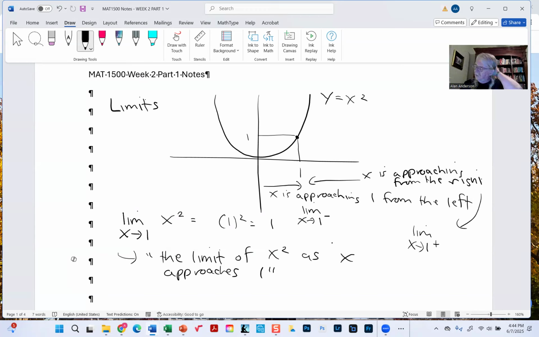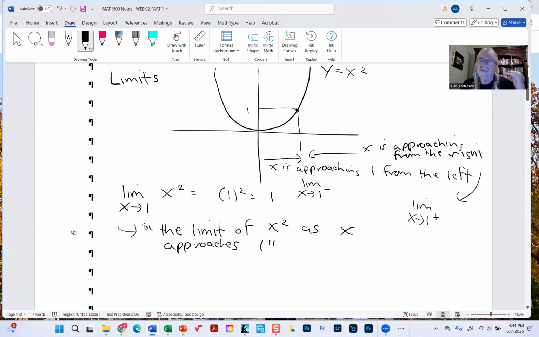We don't normally write it separately like this unless there's a good reason for it. If you notice here, we don't have either plus or minus 1. That indicates that it's the same coming from both directions. And you can see that visually from this graph. So we don't need to make a distinction between approaching from the left or the right, because either way, it'll give us a 1. But in some cases, that's not the case.